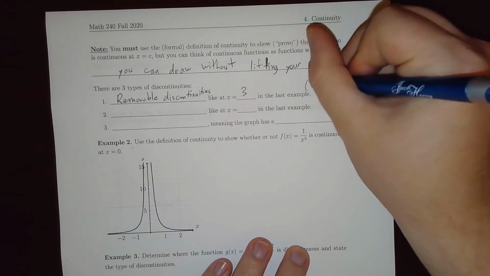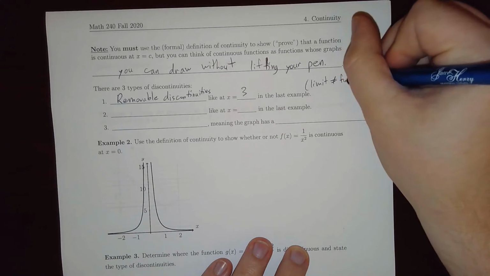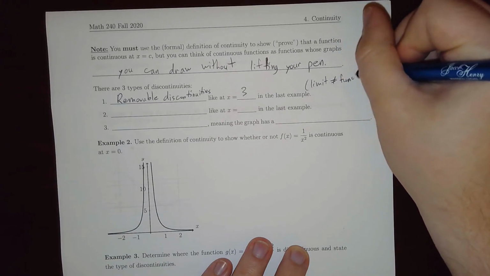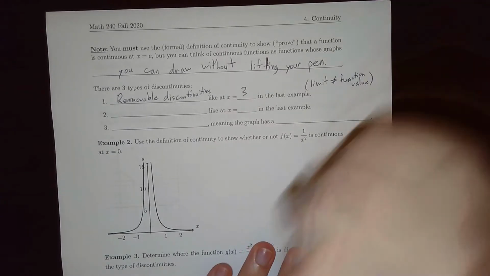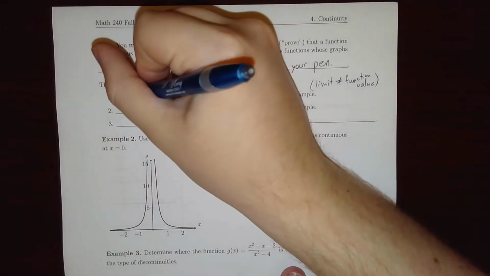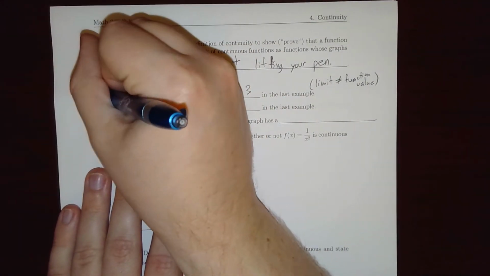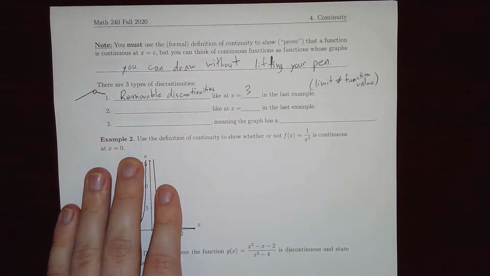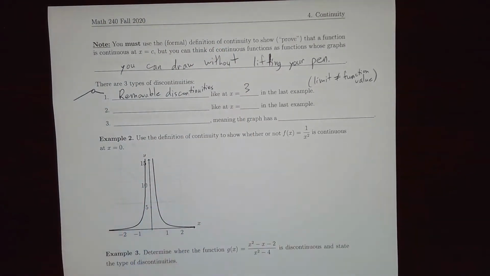This is places where your limit just is not equal to your function value. So this is something where if all you did was adjust the function value to be equal to what the limit is, you could go ahead and basically fill in that hole. So think of it as things where you just have an open circle and all you have to do is find a way to fill in that circle to remove the discontinuity.